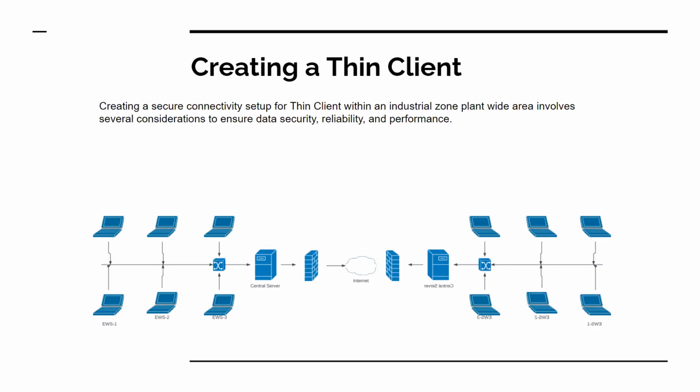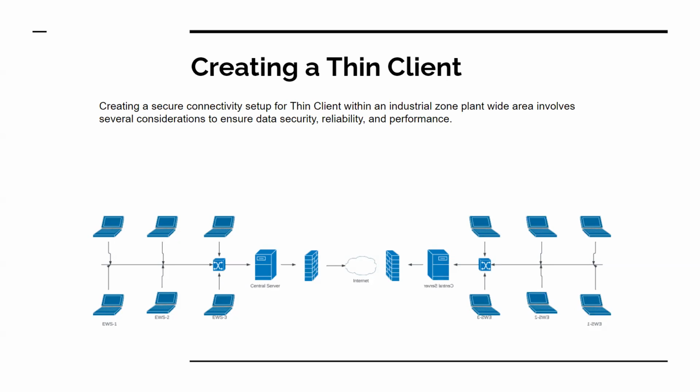This prevents unauthorized access and limits the impact of potential security breaches. You want to use VPNs to connect thin client devices to the corporate network or the centralized server. This ensures that the data transmitted between the clients and the network is encrypted, and that prevents interception by unauthorized users. You also want to make sure you have firewalls to control and monitor traffic.